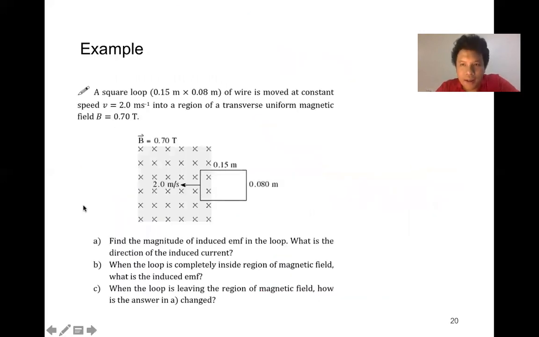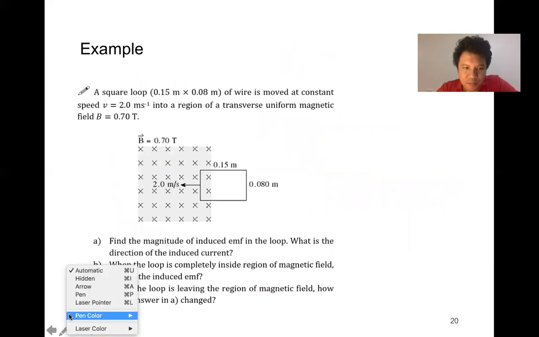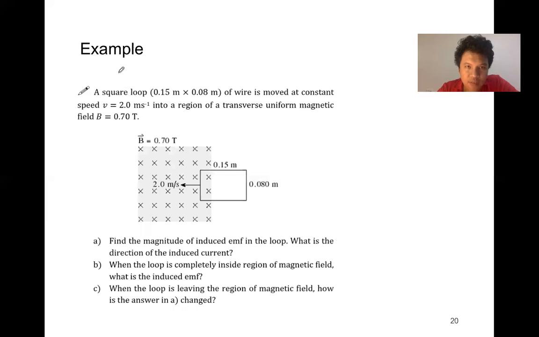Okay, another example. It is about a square loop. So this is a loop. Actually, it should be a rectangle.